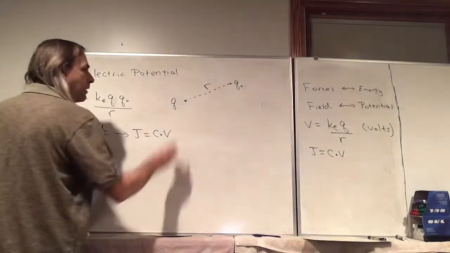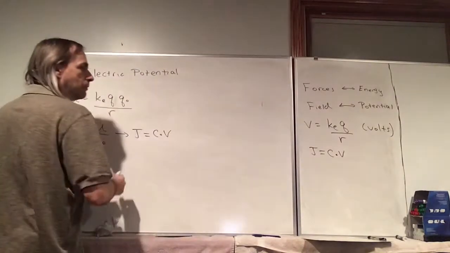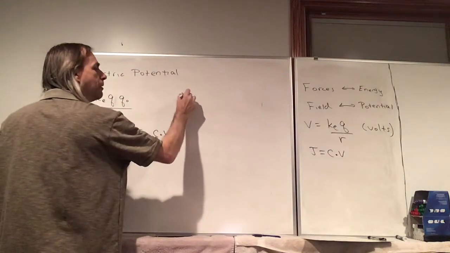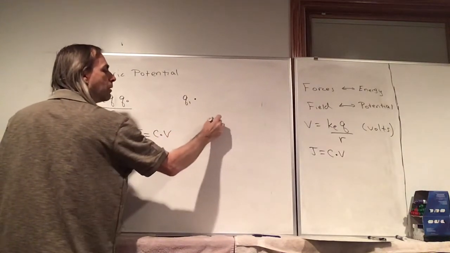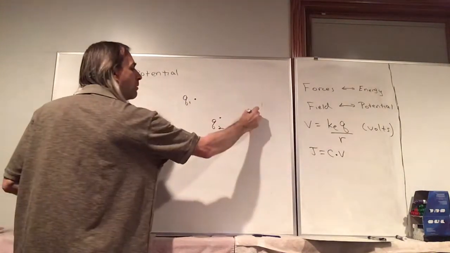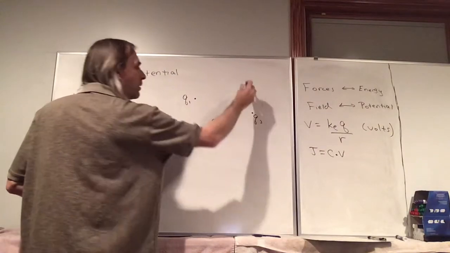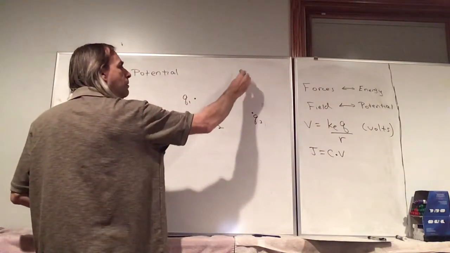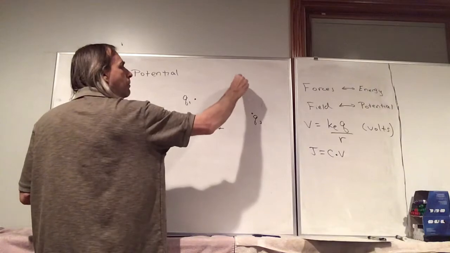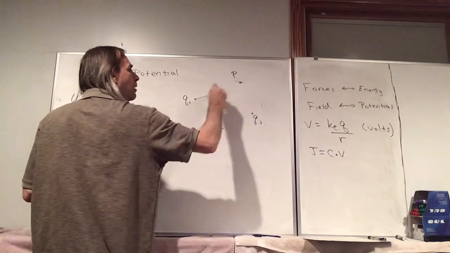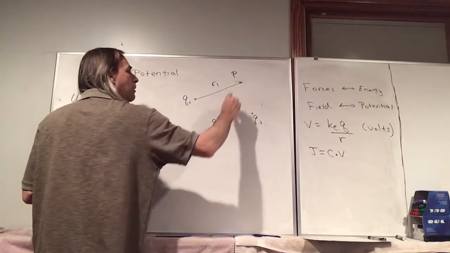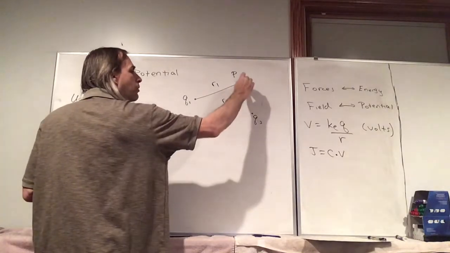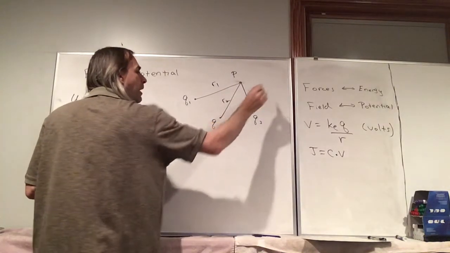So let's say that we have Q1, Q2, and Q3. And let's say we have a point P right here. Let's call the distances R1, R2, and R3.